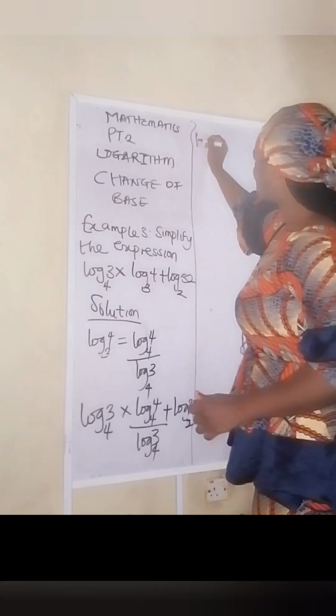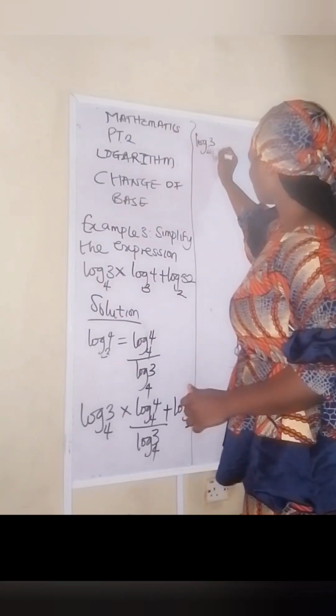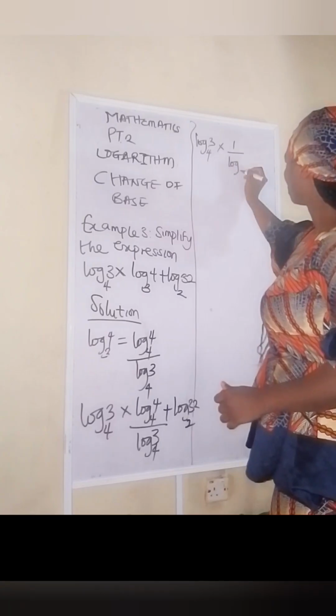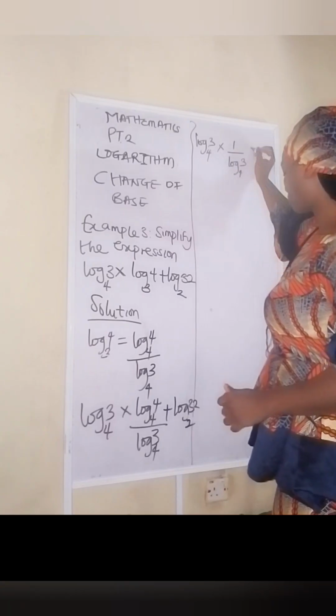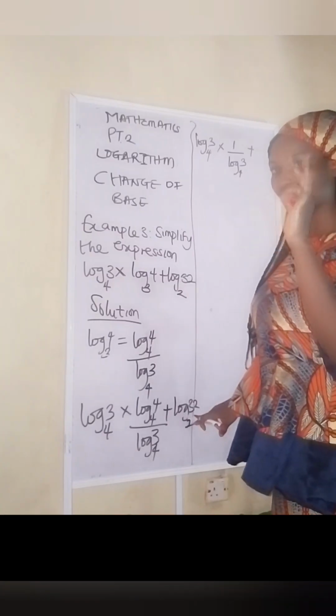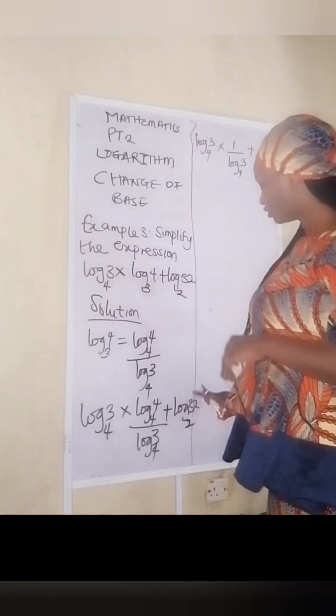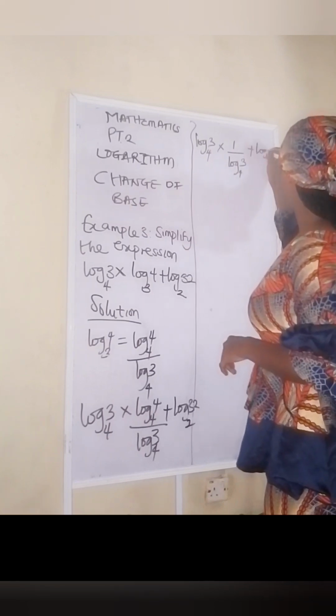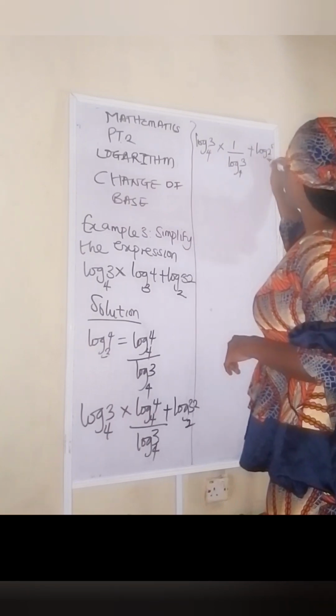It is 1. So we have 1 over log 3 base 4 plus, now which number? 2. You can multiply 2 by what? 5 times to give us 32. So now let's do that. We have log 2 raised to the power 5 base 2.